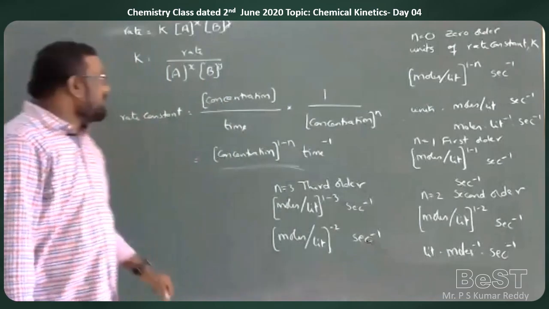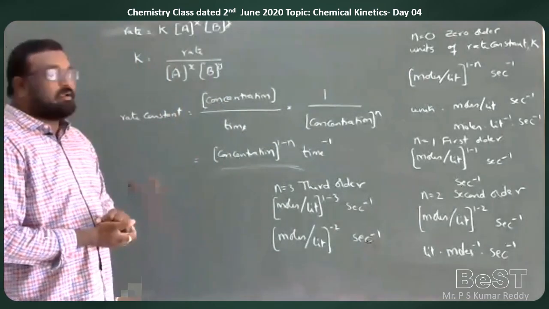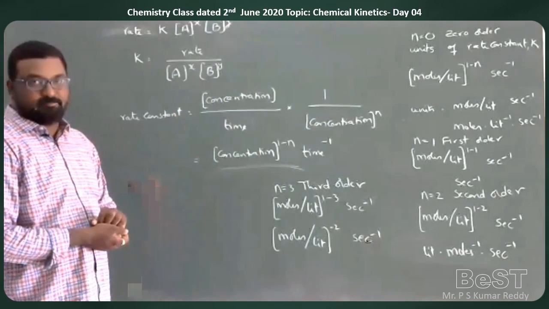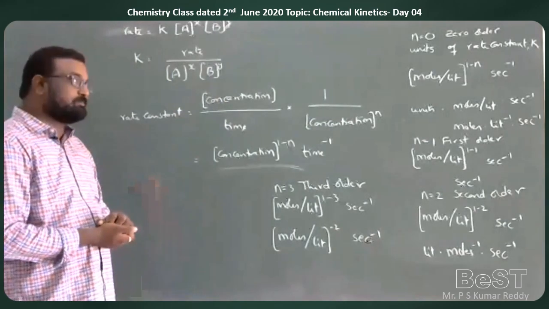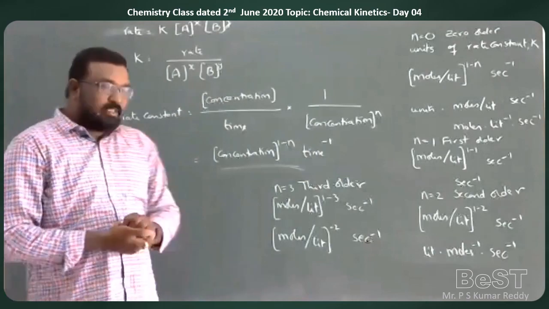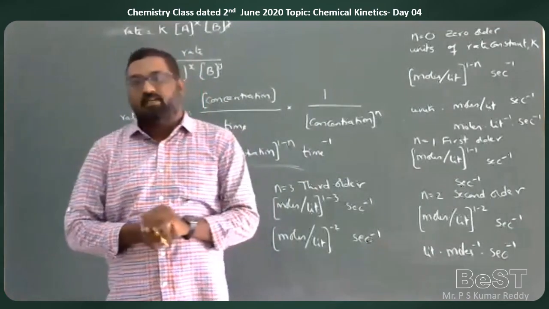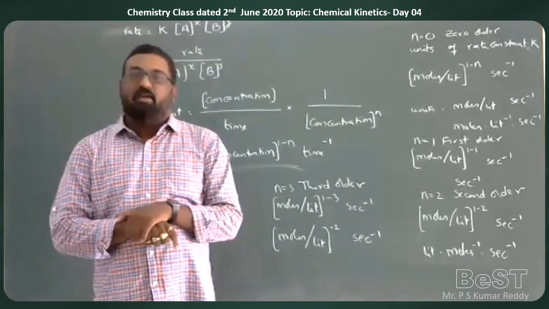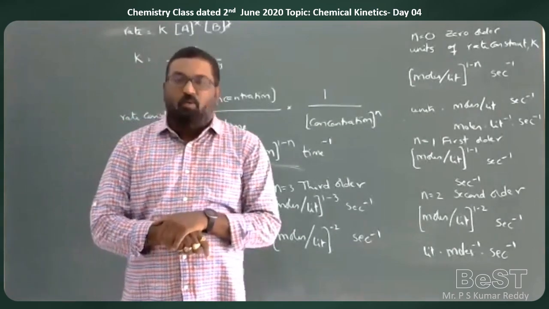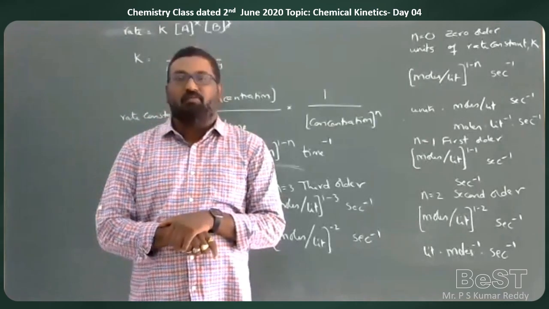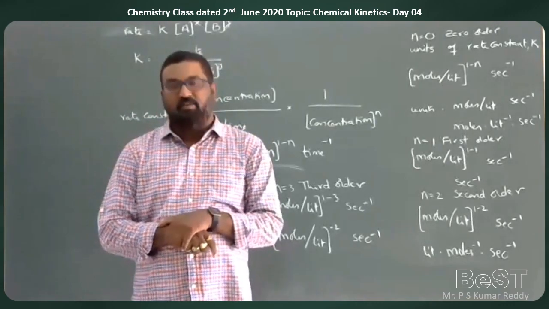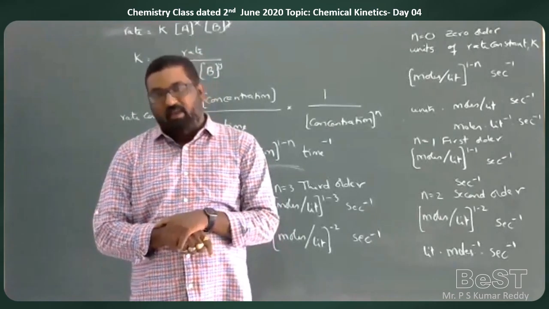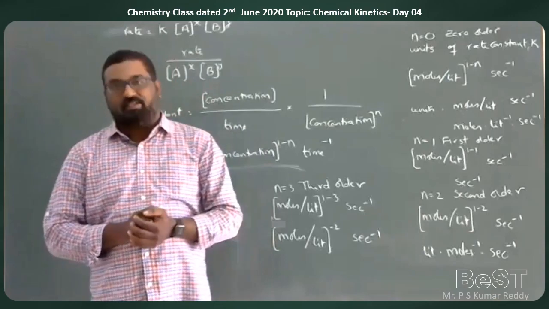So like this, we can find out the units for rate constant. There are some objective questions in your CET, NEET or JEE where they will give you the rate constant value with the units and ask you what the order of the reaction is.